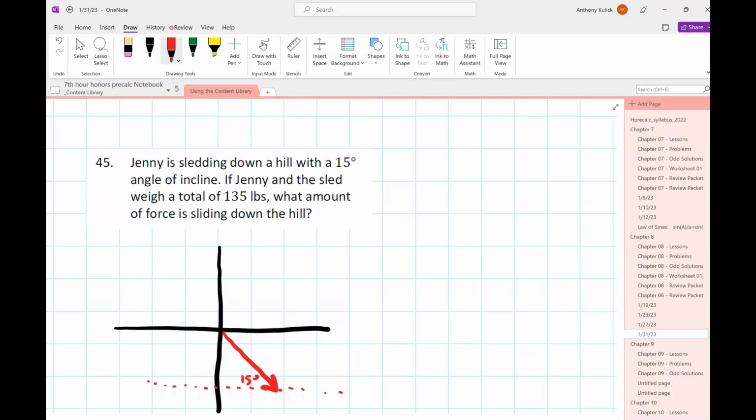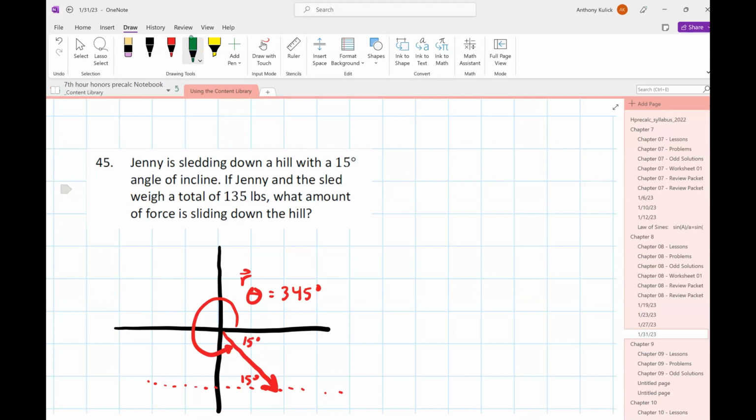Okay with that? Alternate interior angle says that that's 15. So my theta is 345. Okay with that? It's for the ramp.